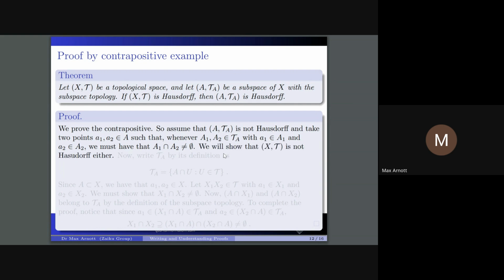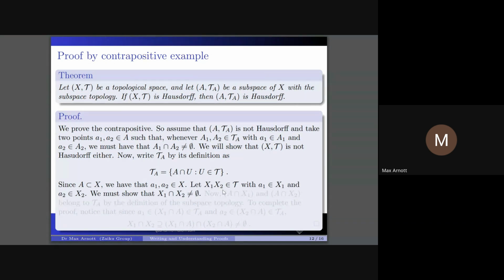So our goal, as I mentioned earlier, is to show that (X, T) is not Hausdorff either. So we can write T_A by its definition. The set T_A is just A intersect with all of the elements of the topology T on X. So a set is open in A if and only if it's the intersection of A and an open set in T. Well, because A is a subset of X, we know that a1 and a2 are in X. Because they're in A and A is a subset of X, they must belong to X as well.